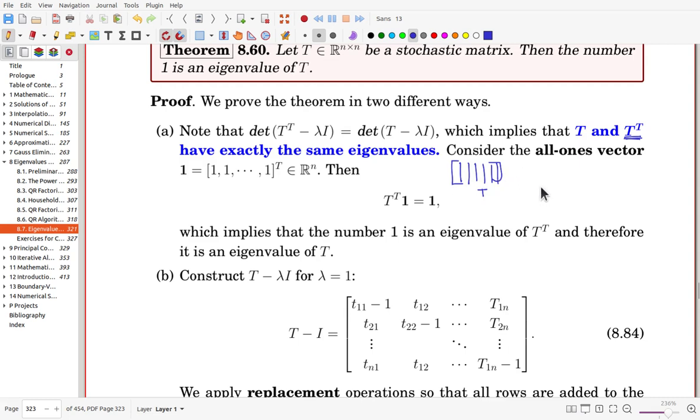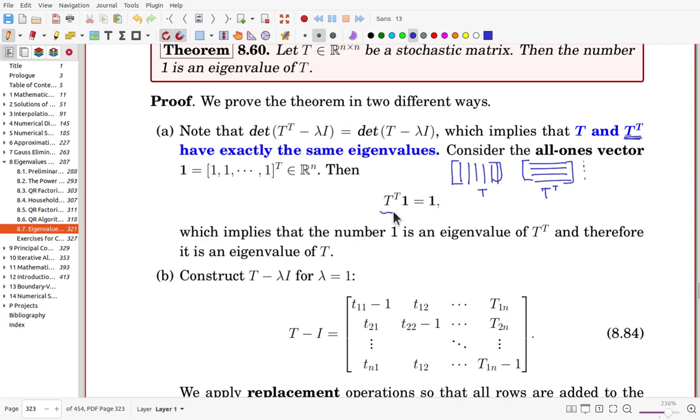But for T transpose, now the matrix is transposed, so that now horizontally the sum is 1. This all ones vector multiplication is the same as summing these entries horizontally. So that is exactly 1 from each row. Each row we have the result 1, 1, 1, 1, 1. That means the all ones vector.